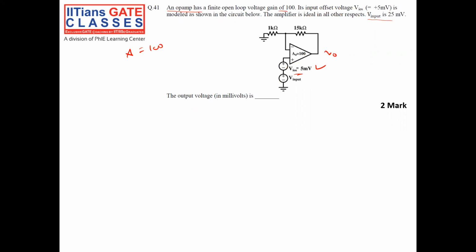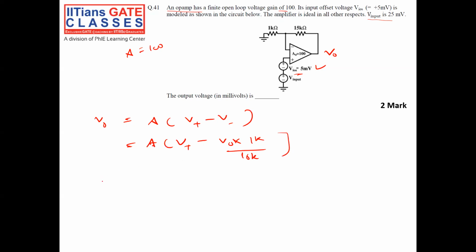Let's calculate V0. You know when gain is finite, what is V0? V0 is nothing but gain into voltage at the positive terminal minus voltage at the negative terminal. Right? This is the condition when my gain is finite. Equal to A into V positive minus V negative. V negative is V0 into 1K by 1K plus 15K, which is 16K.